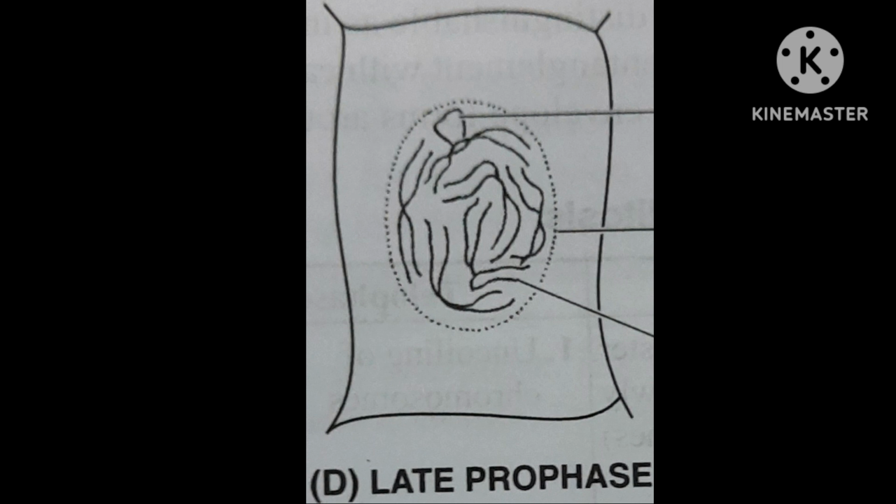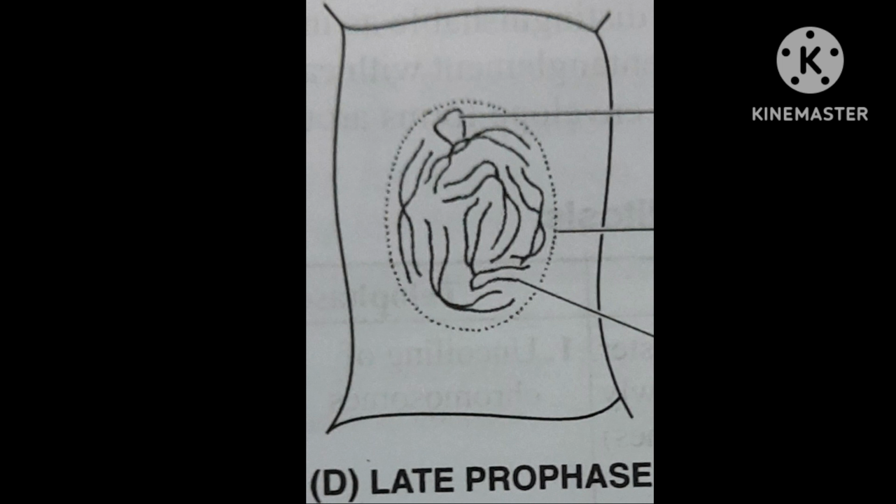A very important phenomenon that takes place during prophase is the splitting of chromosomes longitudinally into two chromatids. Each chromosome consists of two chromatids, or two longitudinal thread-like structures, and these two chromatids are attached to each other by a special structure known as the centromere.